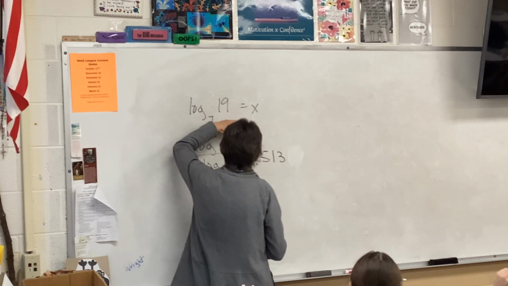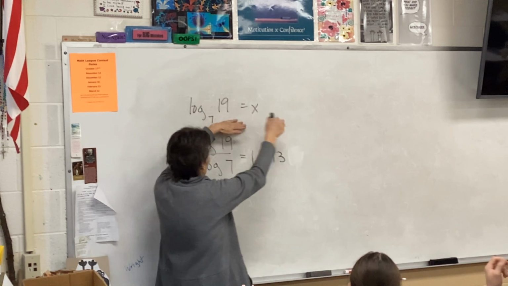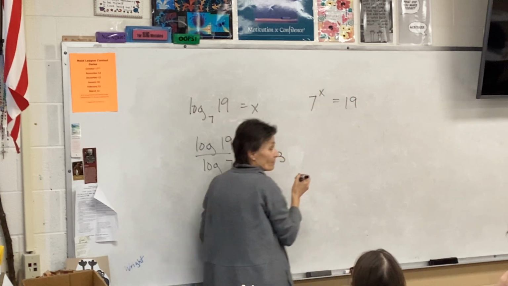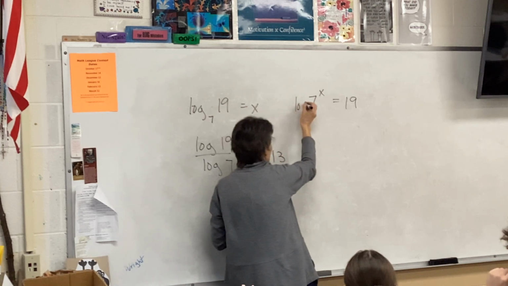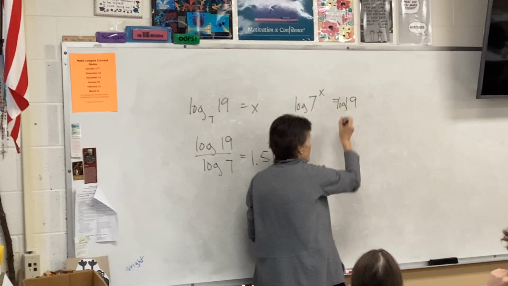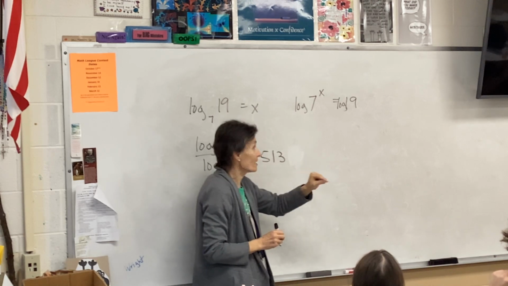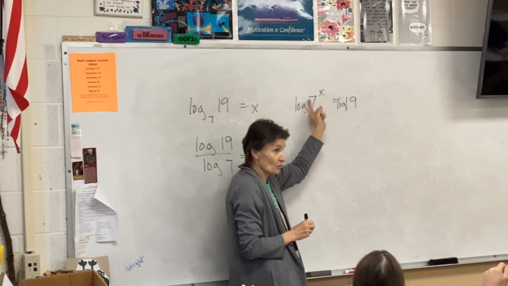So let's go back. This is the answer. We've already done it. We're going to do it again in a different way. I'm going to log roll that. 7 to the x equals 19. Then I'm going to take the logarithm of both sides because yesterday when we were doing our word problems, I told you, if the exponent is the variable, then you log both sides.